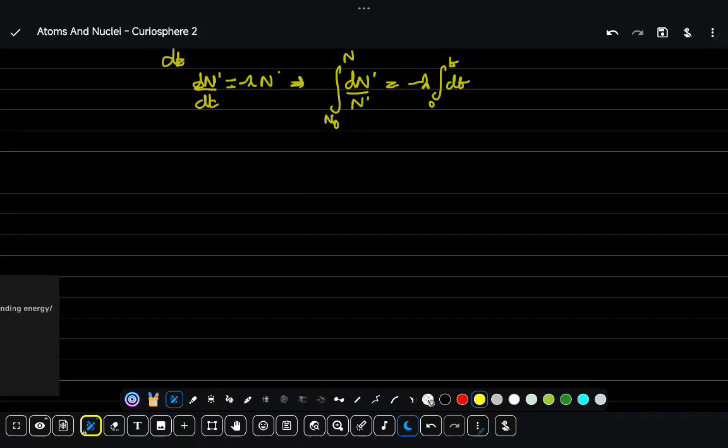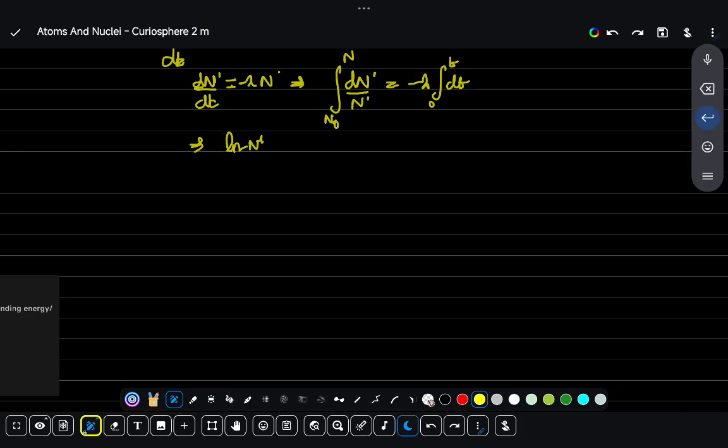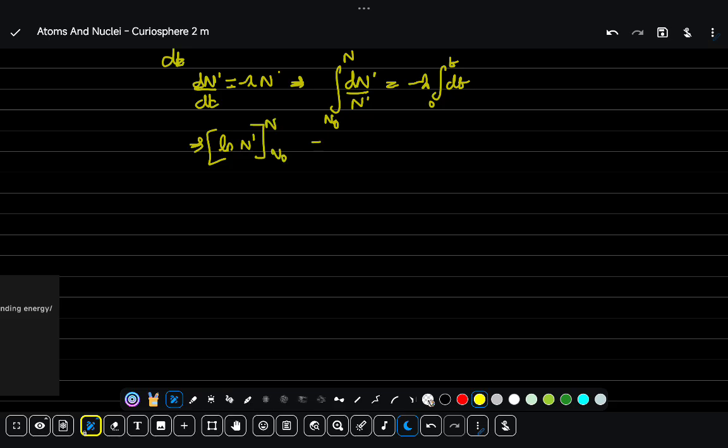Now integrating dx by x, the integral is ln x, so ln N prime. We are applying the limits N naught to N, equal to minus lambda t, right? t minus 0 is t.